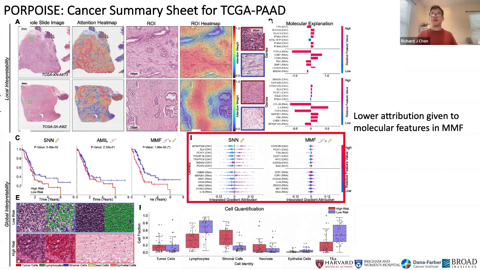What that means is that the impact of these individual gene features for risk prediction is reduced. These features aren't as prognostic when combined with histology, so the attribution shifts towards histology over genomics. Thus, not only do we see a different ordering of important genes, but the relative impact these genes have in risk prediction is also reduced.